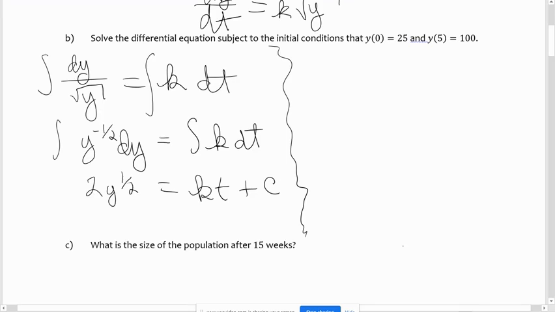I want to solve this for y, so I'm going to divide everything by 2. That's going to give me y to the 1/2 equals kt over 2 plus a constant divided by 2 is just a different constant, so I'm just going to call that C1.